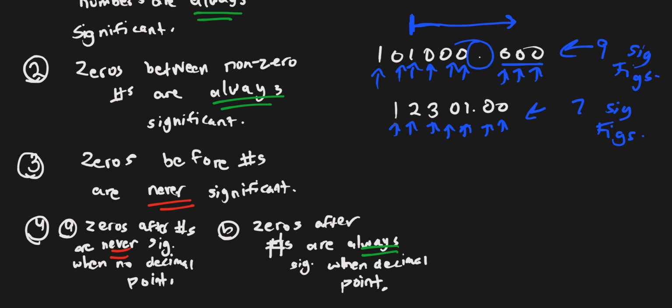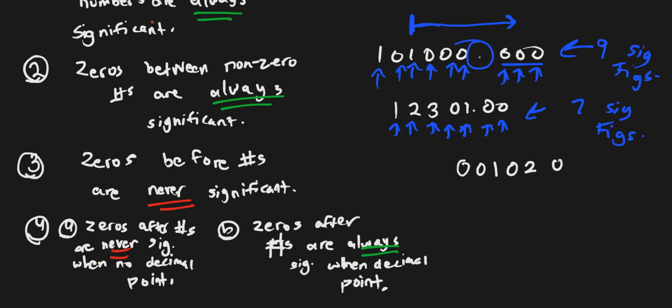Sig figs. Let's just do one more just for the sake of it. Okay, so let's say that we had 0, 0, 1, 0, 2, 0, 2, 0. Okay, this one right here. This is going to be fun because this is not just like all of them are significant, which I've been doing a lot, but this is just going to be zeros before are never significant.